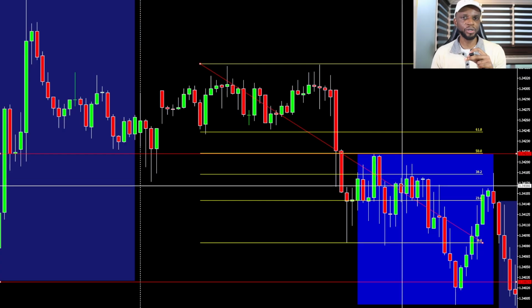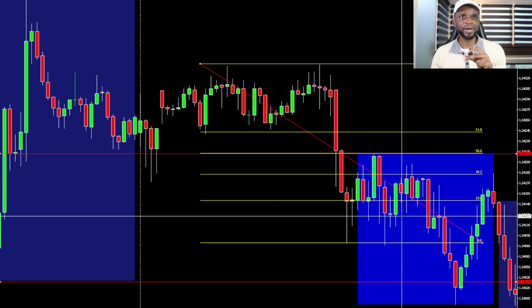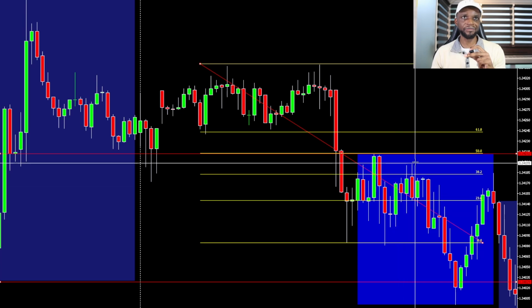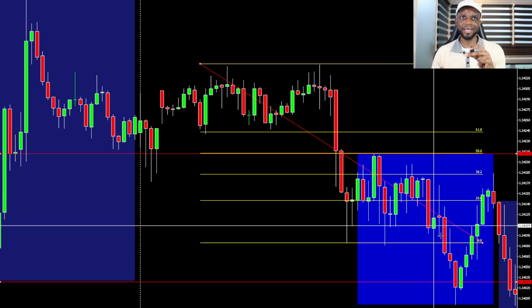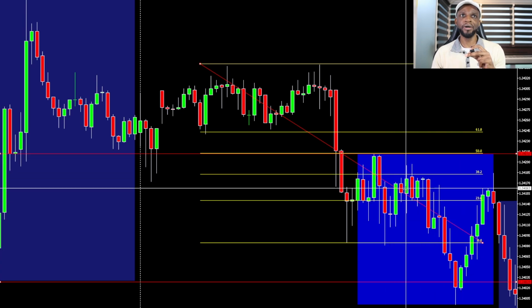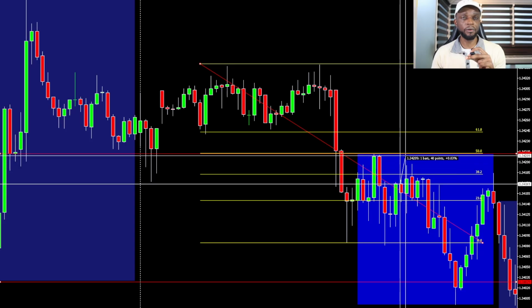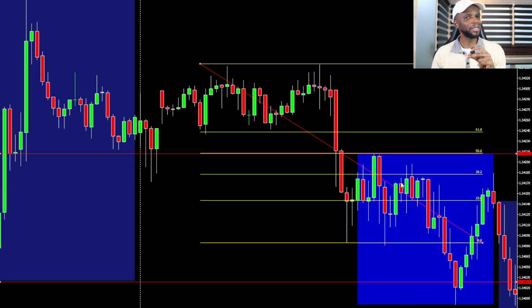I most likely will not take that trade. If price had closed maybe here, oh, then that would have been fine. I would have taken it up to here. And yes, this could have been a loss. But price already closed here, which is just 4 pips from my take profit. That is not a very wise trade to take.